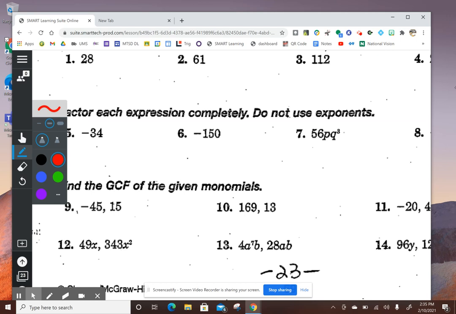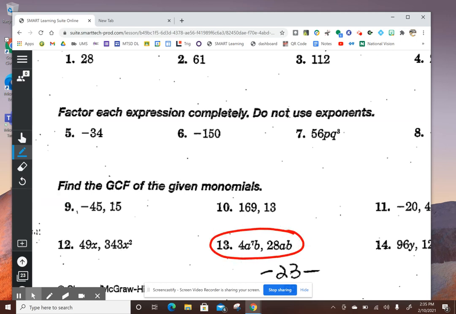So let's do number 13. So 4a to the 7th b and 28ab. Well, first, let's do the variables. I know that it's going to be ab. How do I know that? This is the lowest degree. This is the lowest degree. So we don't even have to do that part.